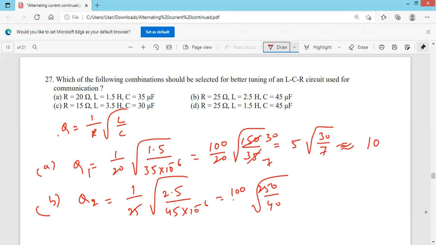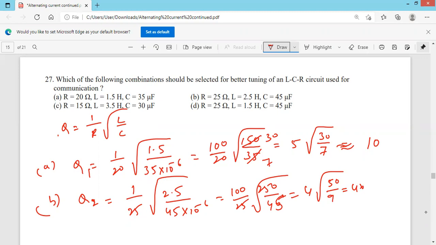So it's 4 into 250 by 45, which is 50 by 9. 50 is almost 7 under the square root, and the square root of 9 is 3. So 7 by 3, and it's 4 into 7 by 3.